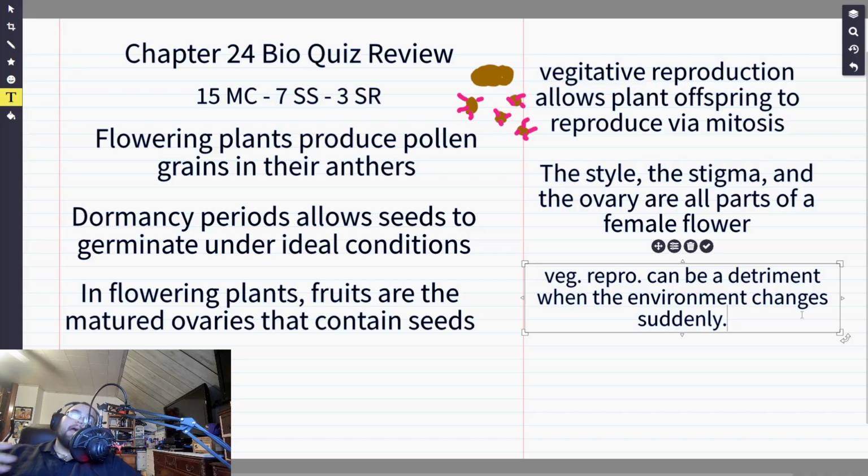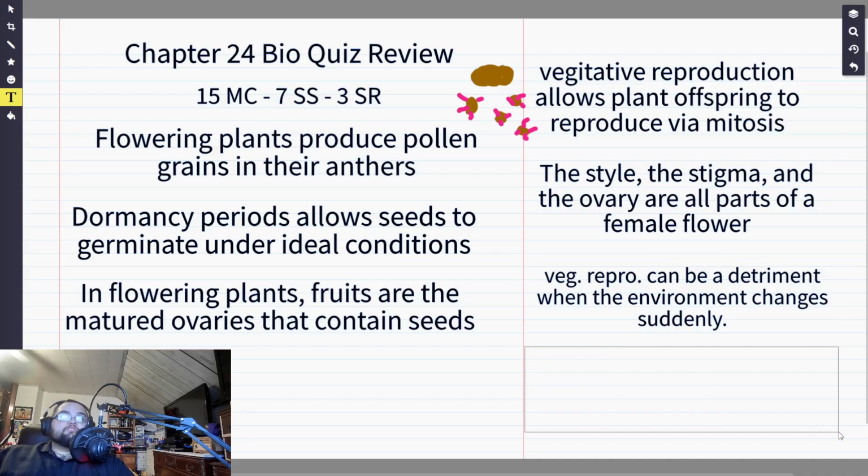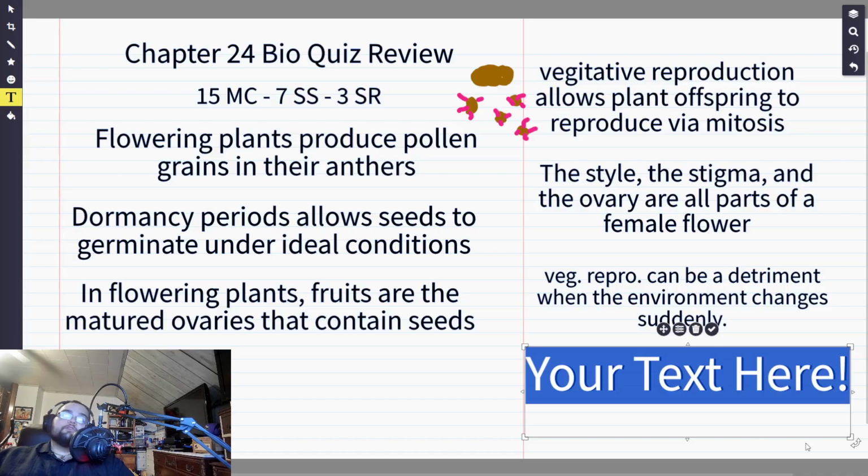But if something bad happens, like the blight, which caused the Great Potato Famine in Ireland, with that sudden change, well, there's not enough genetic diversity in order for the plant to really succeed. And so that can be very much a detriment. Vegetative reproduction and mitosis is great if you're in a safe area, but if you're in a dangerous, suddenly changing area, then it is bad.